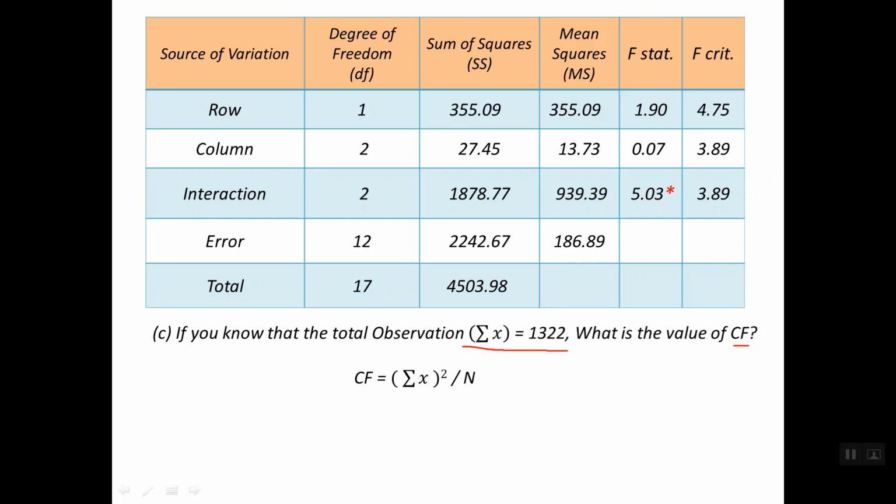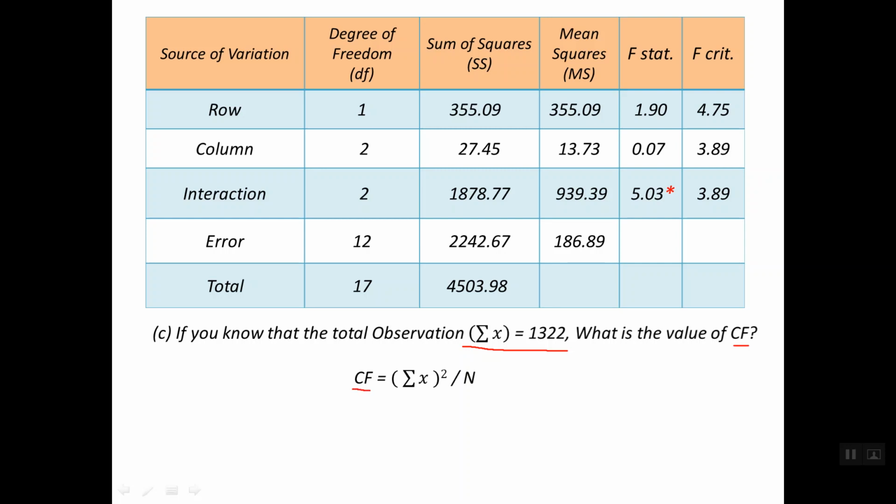The correction factor is simply equal to the summation of the total observation, which is simply summation of X, squared, divided by capital N, which is the number of the experimental units or subjects.